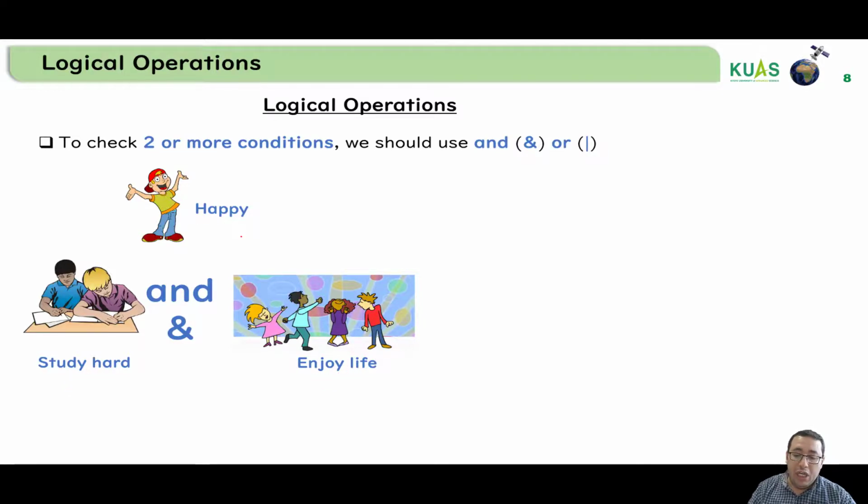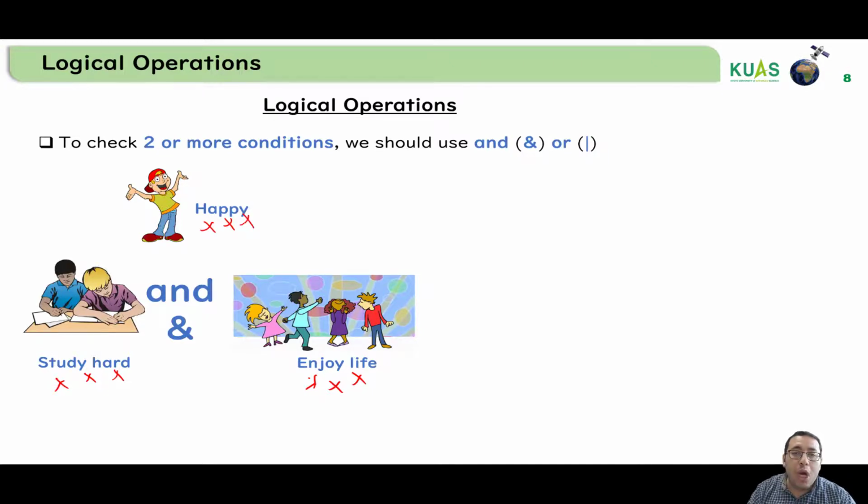And what if I enjoy my life every day, but I didn't study hard, it means I will not be happy. So what if I didn't study nor enjoy my life? In that sense, I will not be happy.